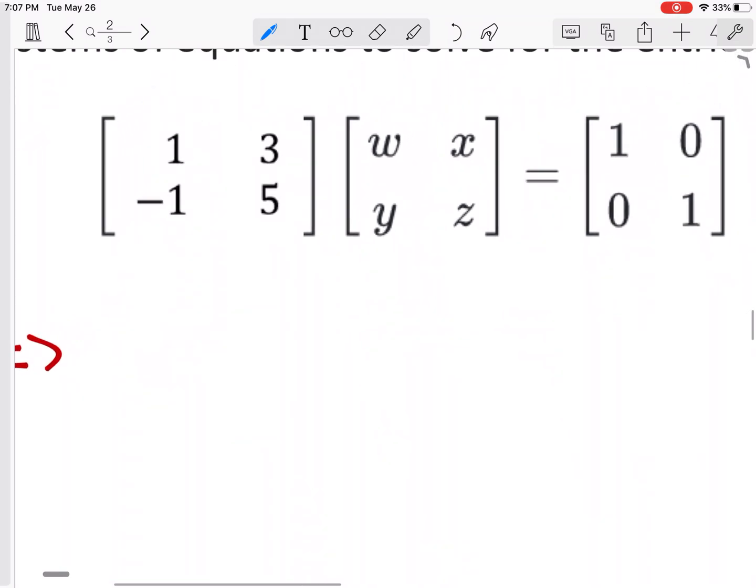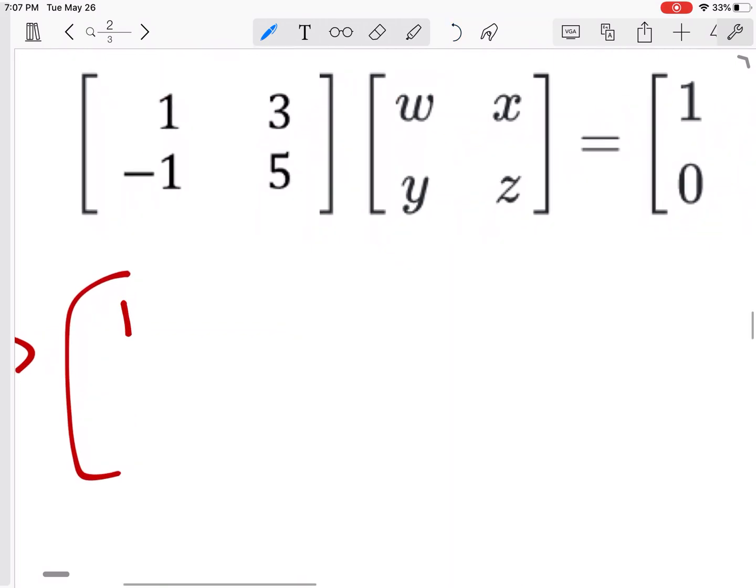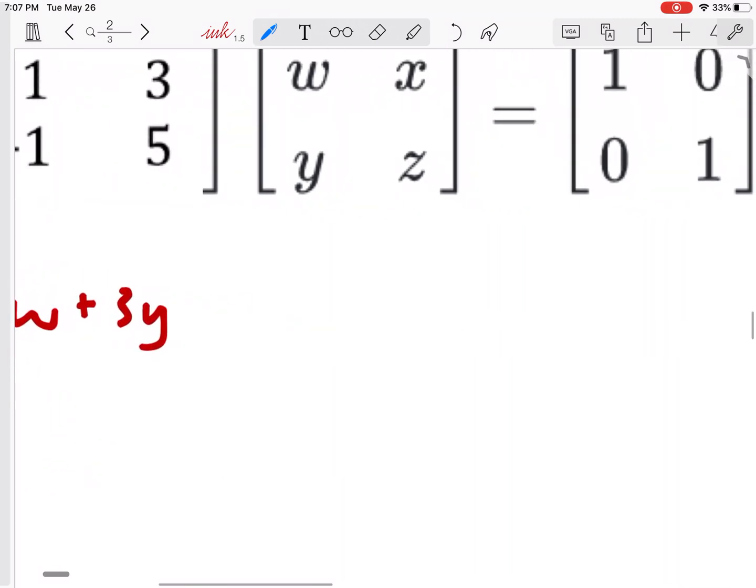Multiply this out and we get first row times the first column, sum of those, 1w plus 3y. I don't need the 1 coefficient. Then 1x plus 3z. Again, I don't need the 1 coefficient.